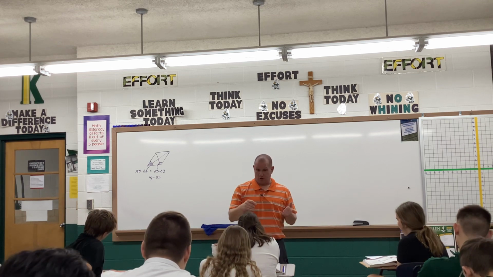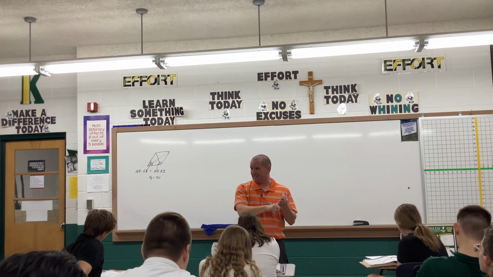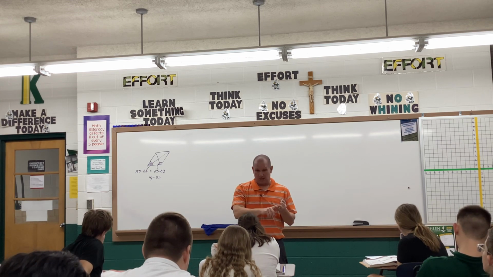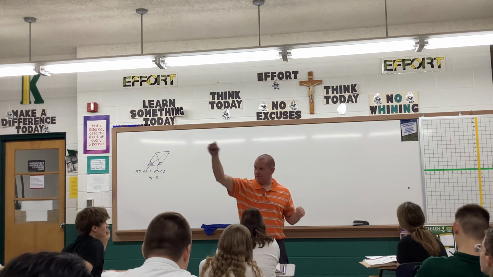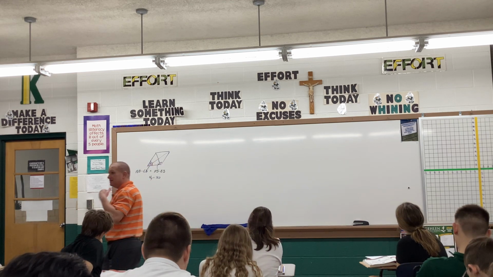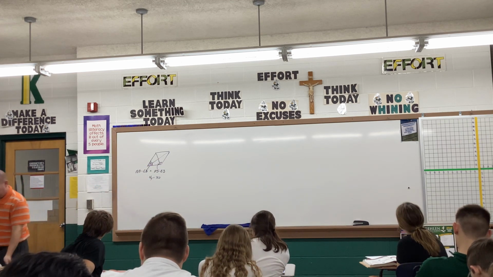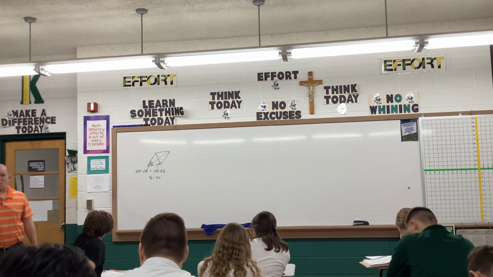So the diagonals of a rhombus bisect, are perpendicular, and don't have to be congruent, but they split the angles in half. So it's everything that is a parallelogram and a rhombus. What's special about a square then?